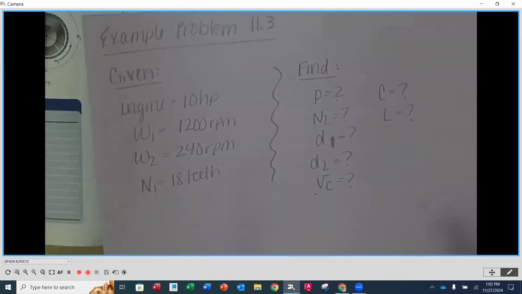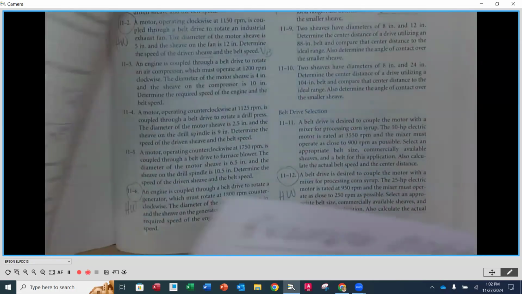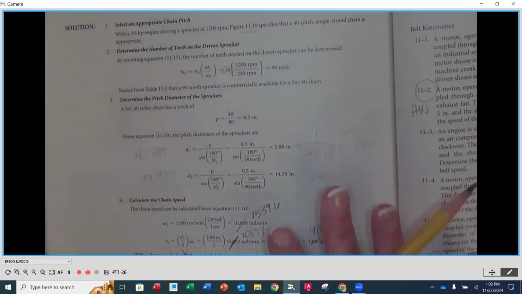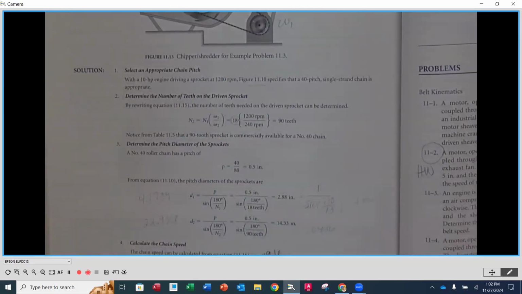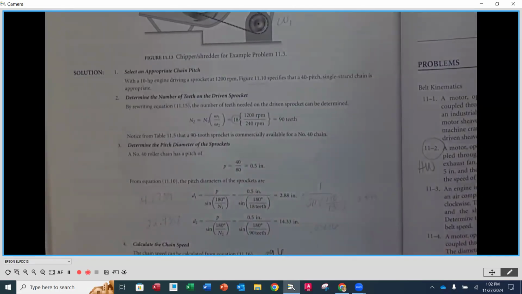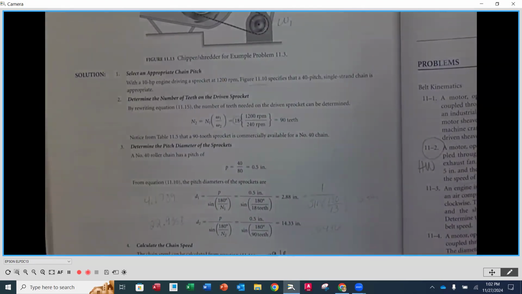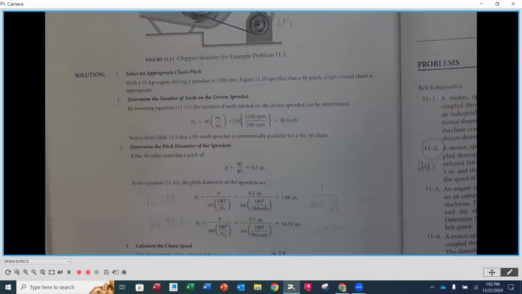So let's peek ahead. We're going to follow the book-ish. We'll look at what they find, and we'll either agree or understand where they got things from, or we may change things along the way. It says here, with a 10 horsepower engine driving the sprocket at 1200 RPM, we want to specify a number 40 single strand chain to be appropriate.